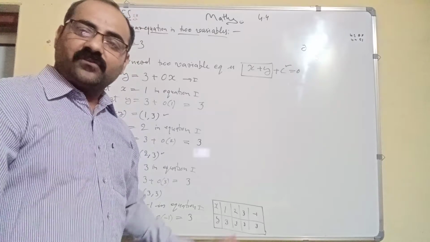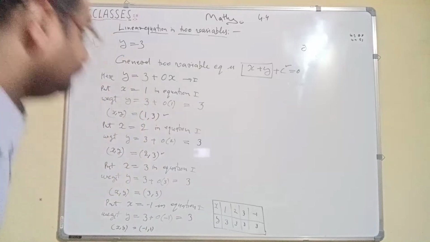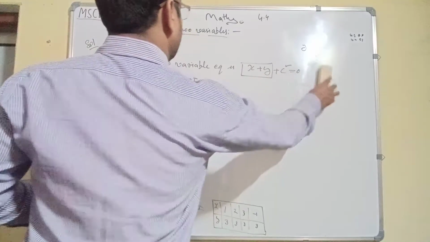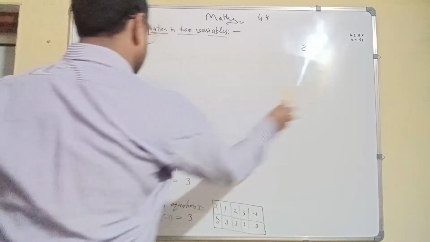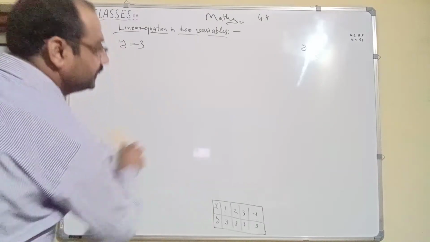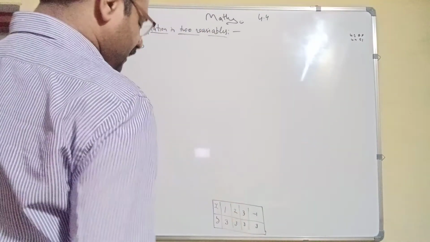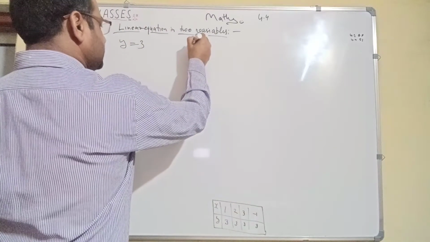Now represent all these points on the Cartesian plane. So guys, you have to make a graph related to the sum. Now we have to make a Cartesian plane.